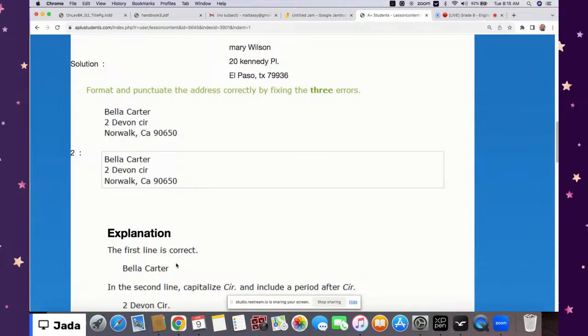Then you go down to the third line, which has the city, so you put a comma after the city. Then you put the state, which is abbreviated, and then you put your zip code. So that's the right pattern for writing an address or even sending a letter. Okay, so let's move on to the test.